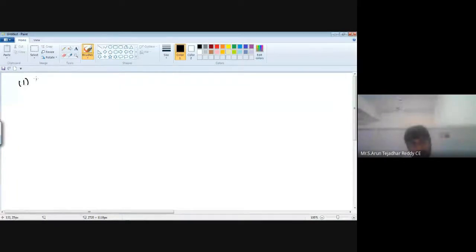One is the sway frame, the other one is the non-sway frame. It means in this sway frame we will find the deflection value.